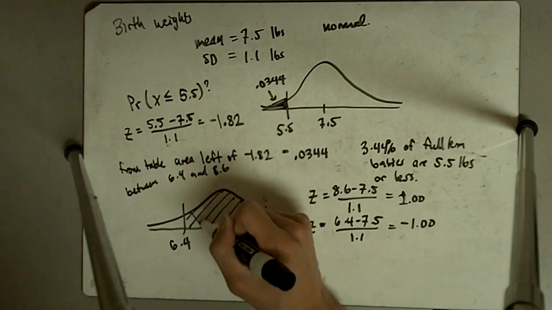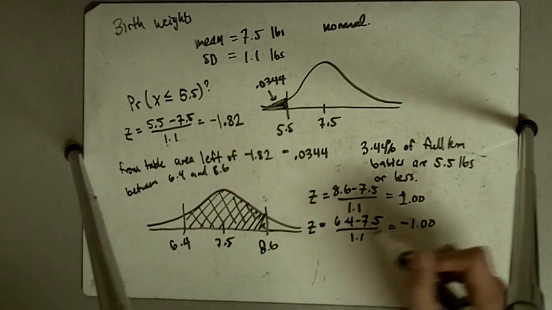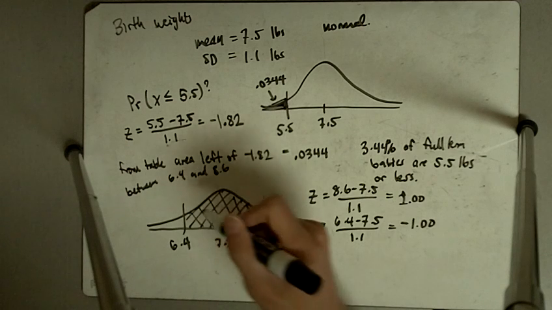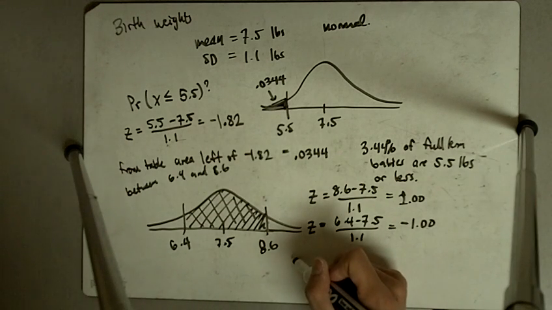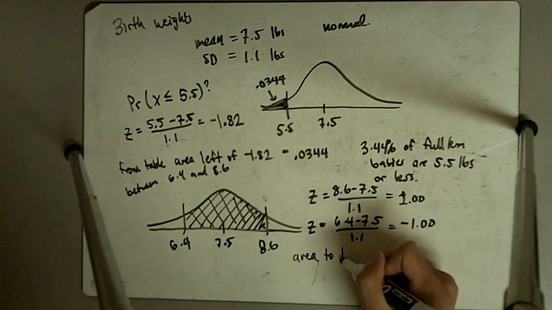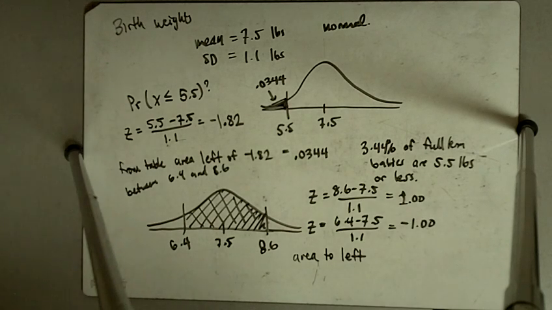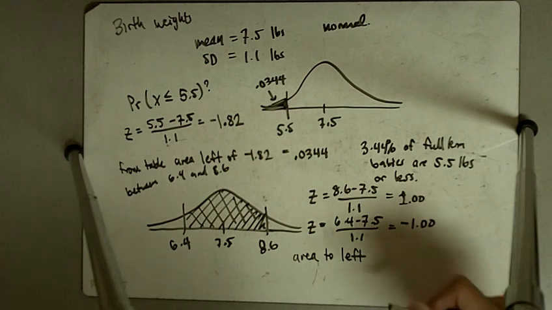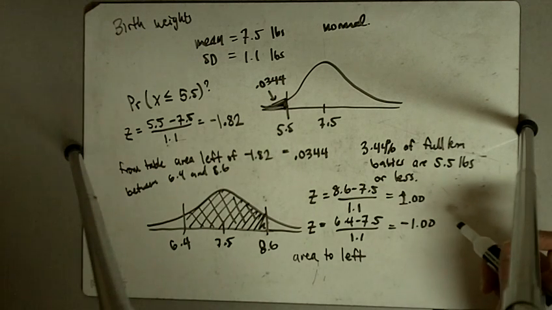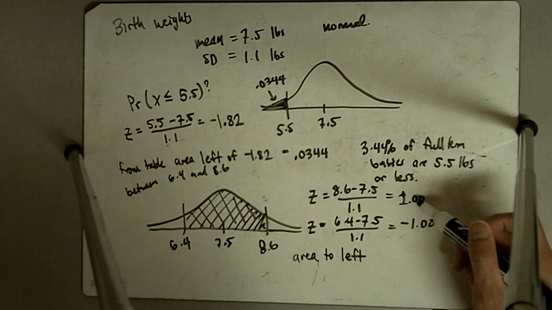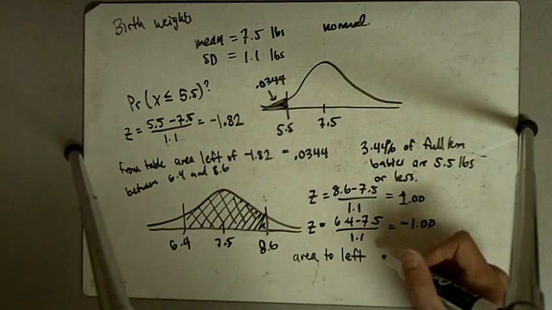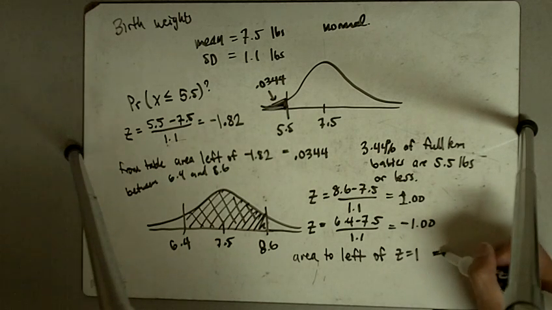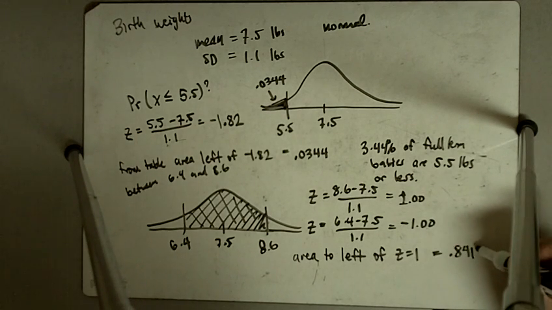And we know that the area in between two values is the area to the left of the larger one, and then we subtract off the smaller part. This is very similar to 627. If I'm doing this part too quickly, watch the video for 627. It's very similar because we actually got the same z-scores, positive 1 and negative 1. So the area to the left of z equals 1 is 0.8413.